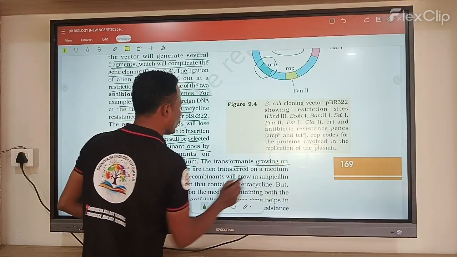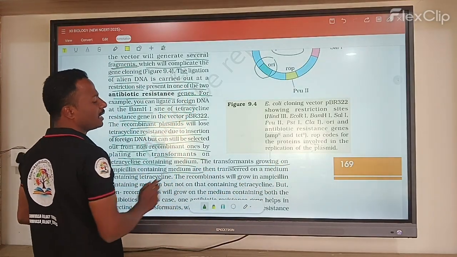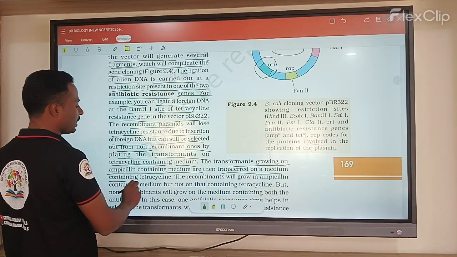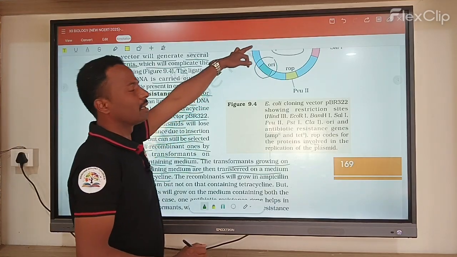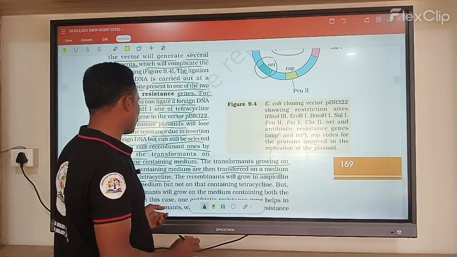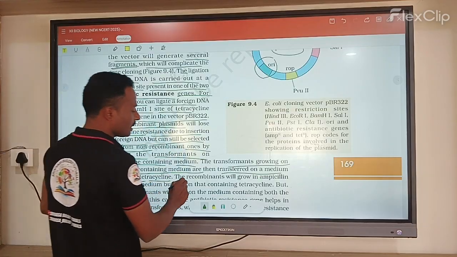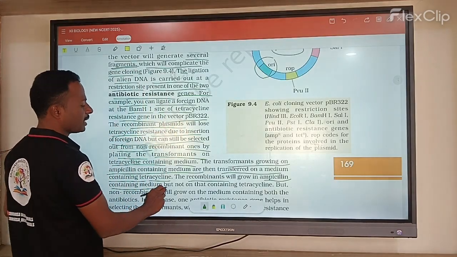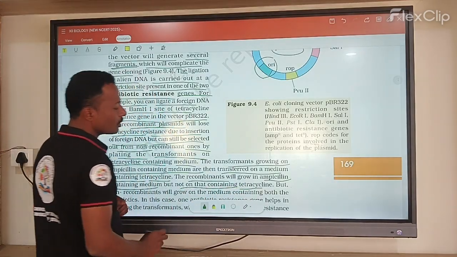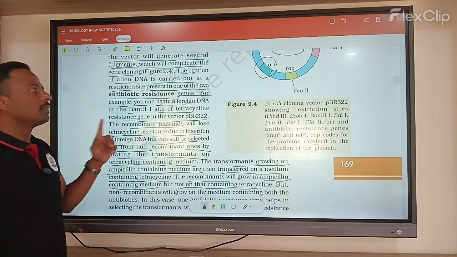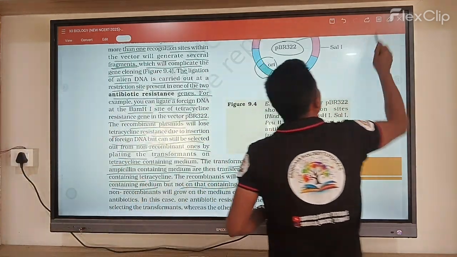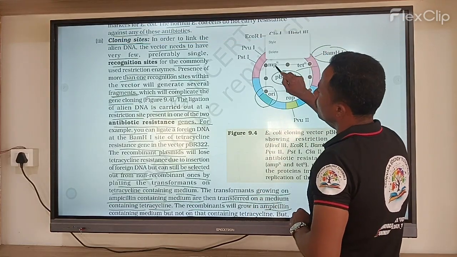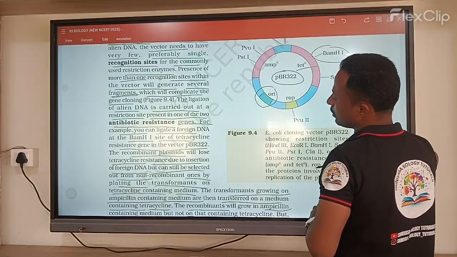The recombinants grow only in the ampicillin containing medium, not in tetracycline.